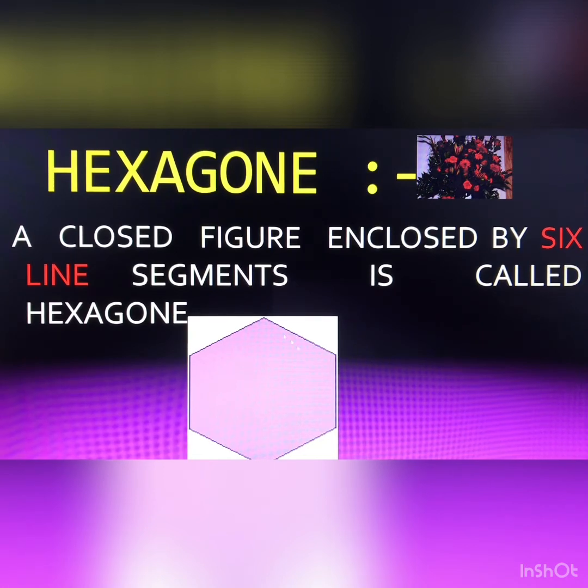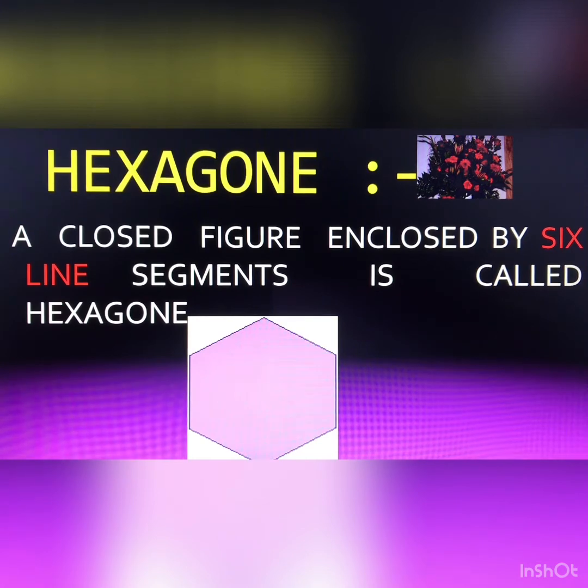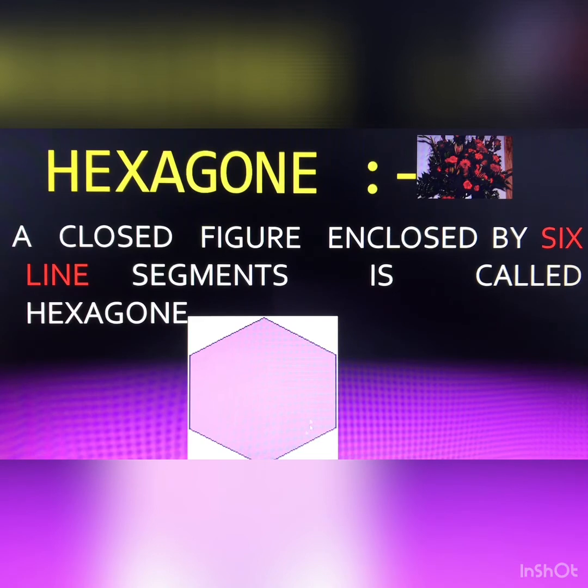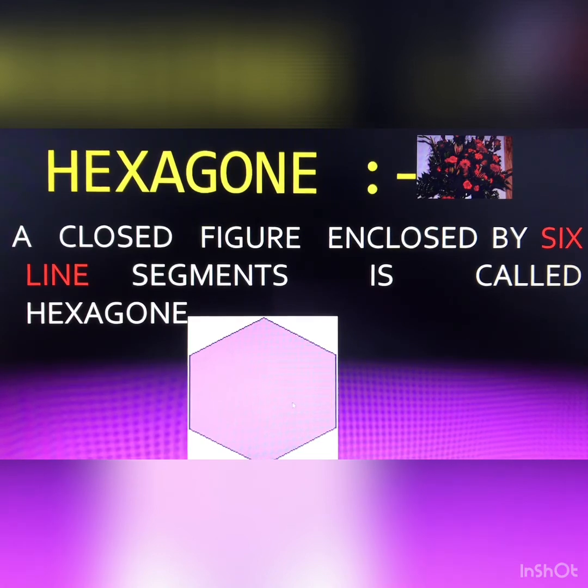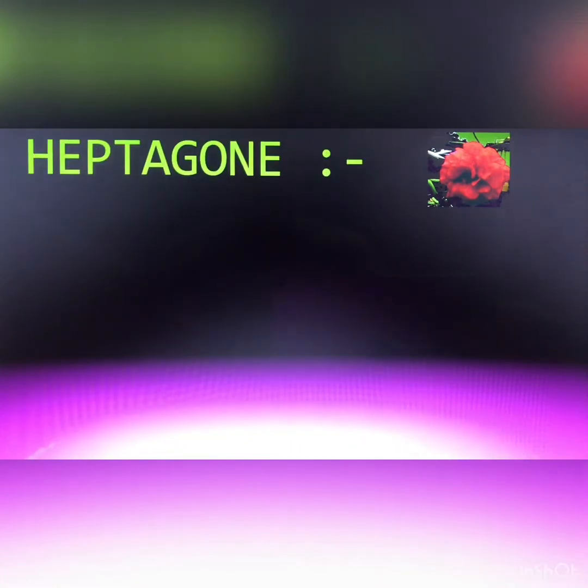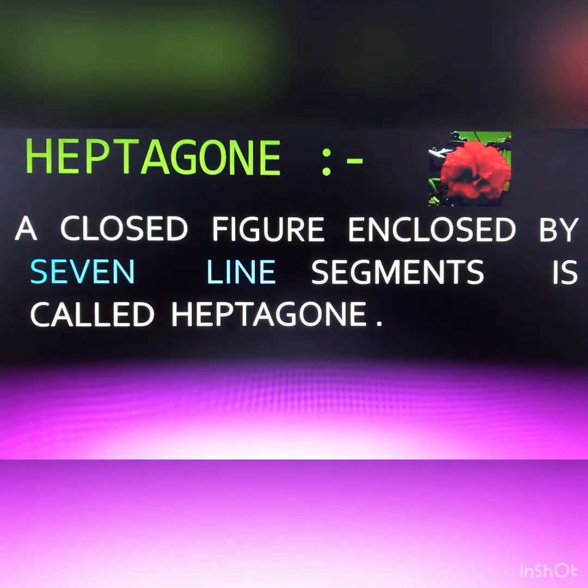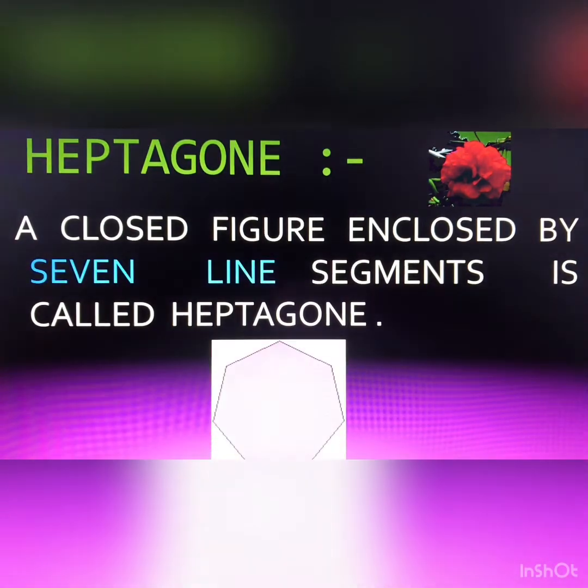If all the sides of a polygon are equal, then that type of polygon is known as a regular polygon. So this is a regular hexagon because all the sides of this hexagon are equal. Now what do you mean by heptagon? A closed figure enclosed by 7 line segments is called a heptagon.